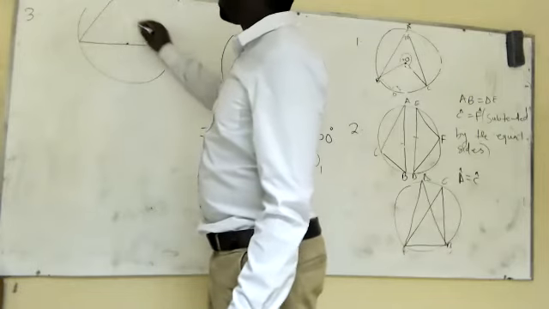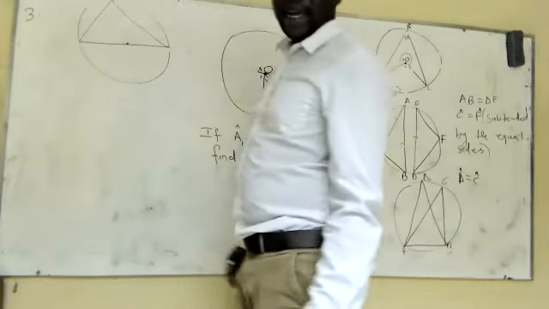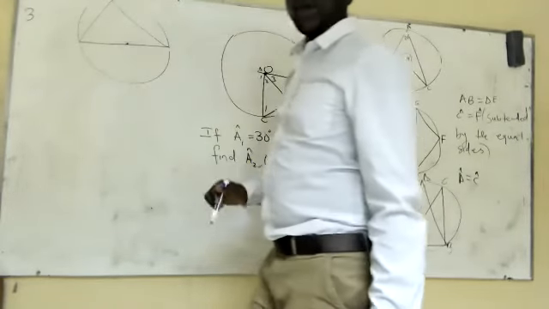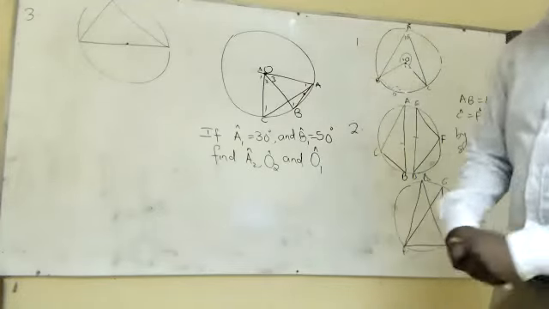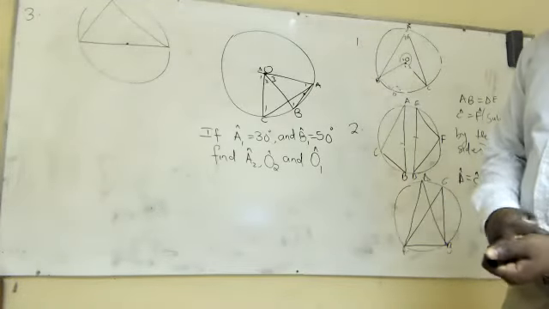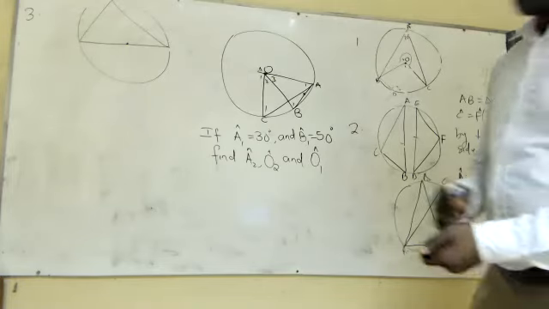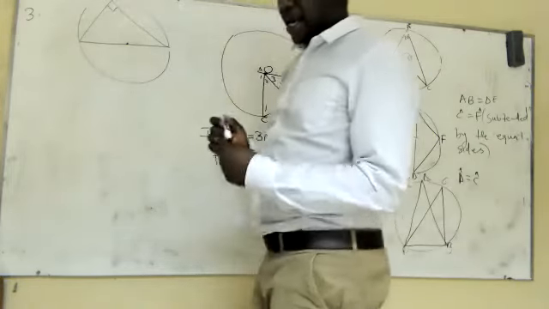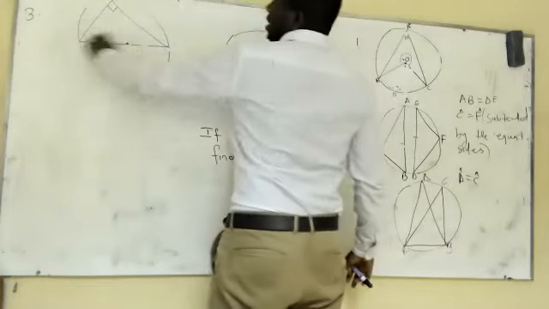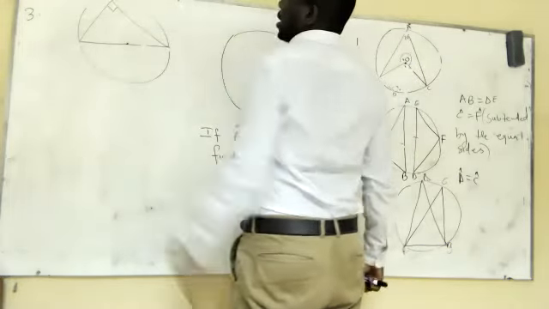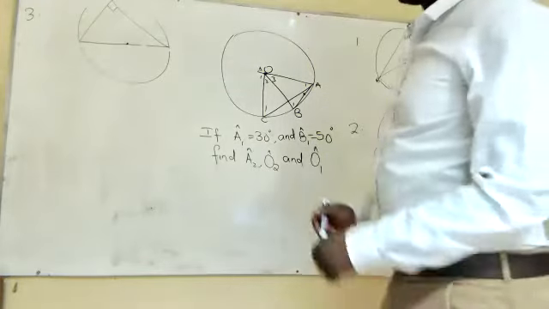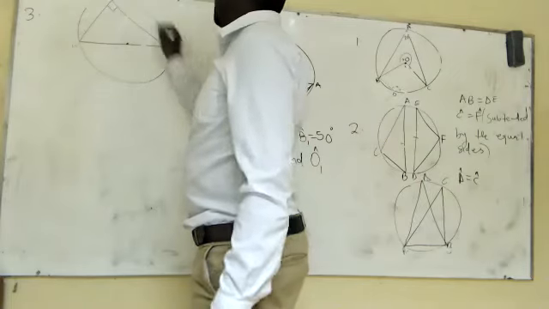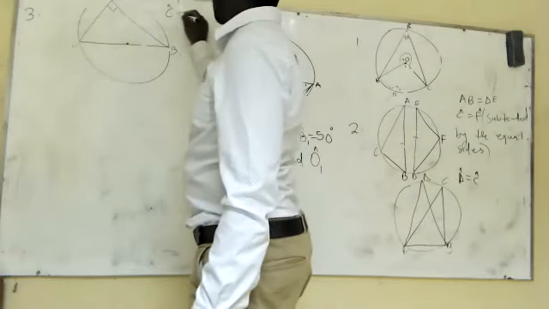So therefore now, if we're having the diameter, and then we join the line that goes to the circumference like this, and it forms a triangle, then it's known that the angle that is going to form there is 90 degrees. Are we all together? The angle formed here is 90 degrees only if this is a diameter. If it is not a diameter, that's not the case. So if we have triangle ABC, then C is equal to 90.